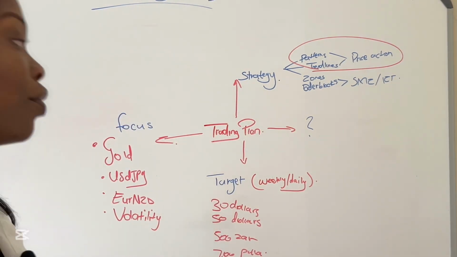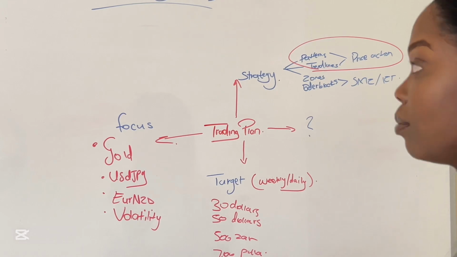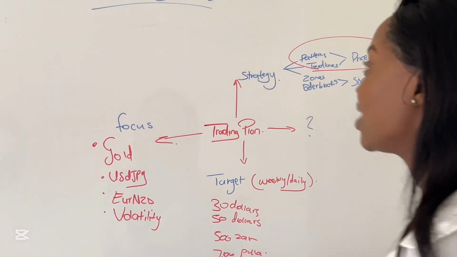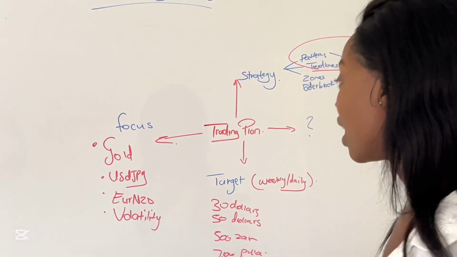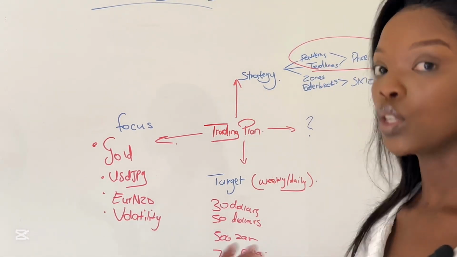But I prefer my targets in dollars because it makes sense to run a business in dollars. However, whatever rocks your boat, at the end of the day, you have what?